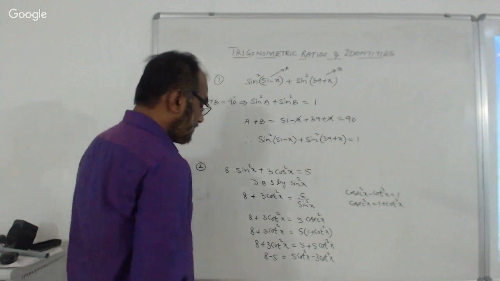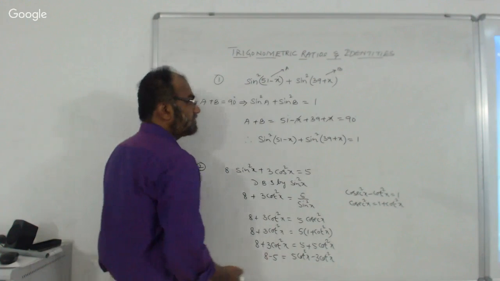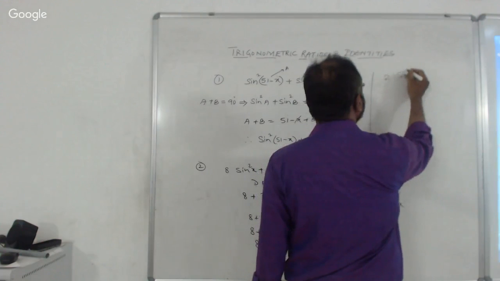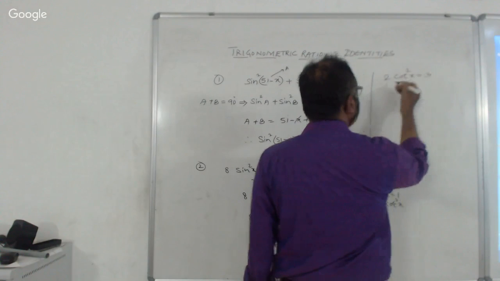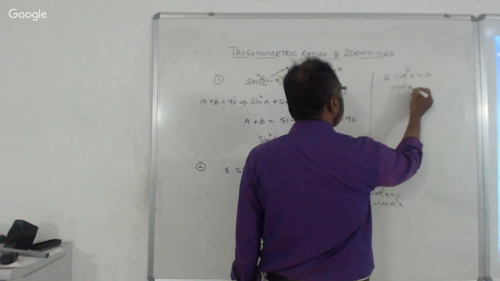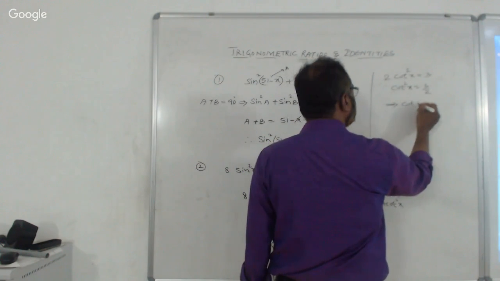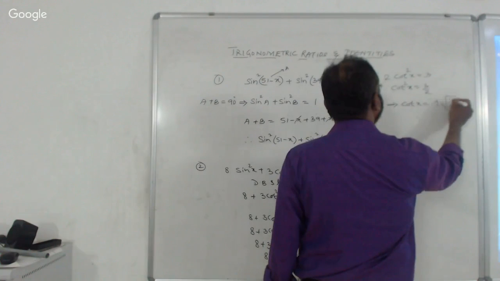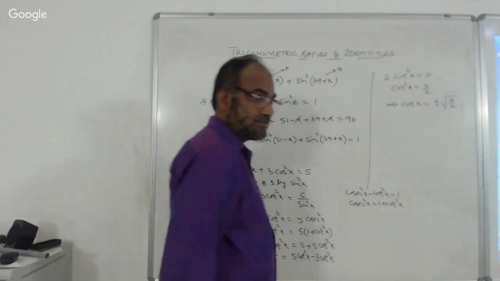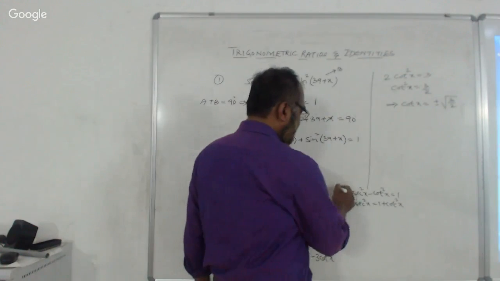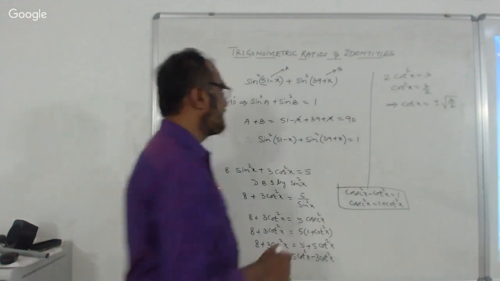So you are left with 2 cot square x is equal to 3. So cot square x is 3 by 2, and cot x is plus or minus under root of 3 by 2. That's the result. Make a note. Mention the identities beside.